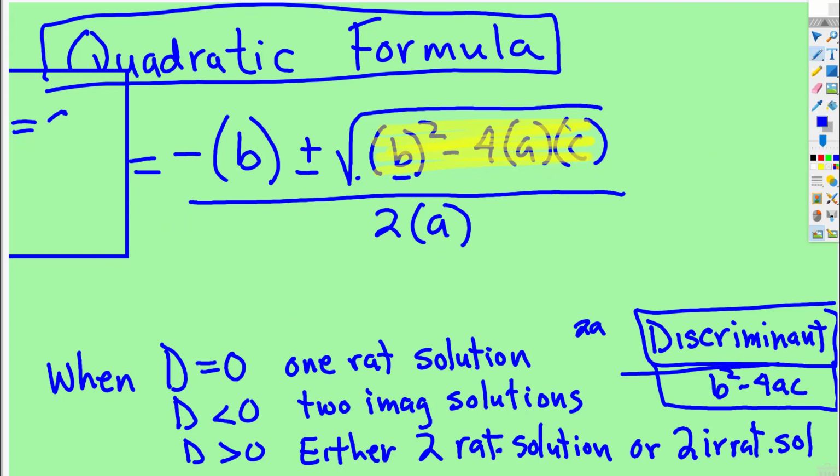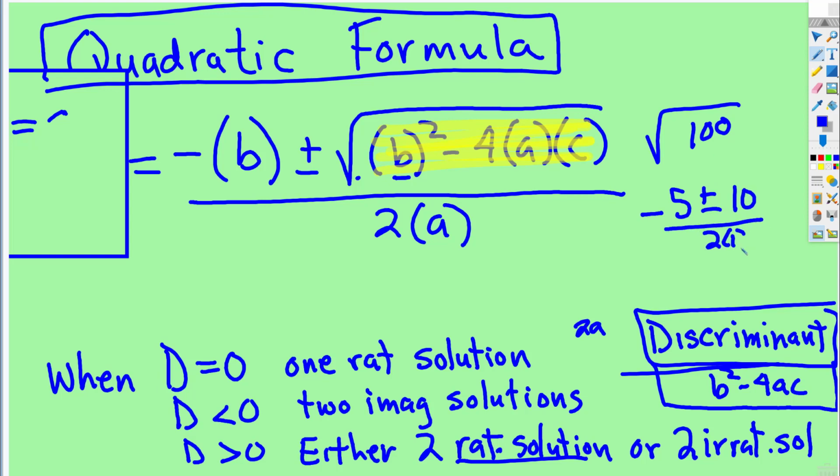If this is a perfect square, say 100, well then you're going to have two rational roots, because let's say b is 5 and a is 1. Okay, so let's say we have the opposite of 5 plus or minus the square root of 100, which is 10. All of that is over 2 times 1, which is 2.